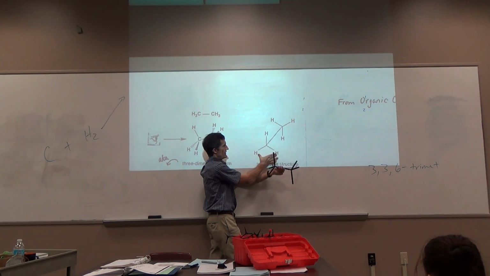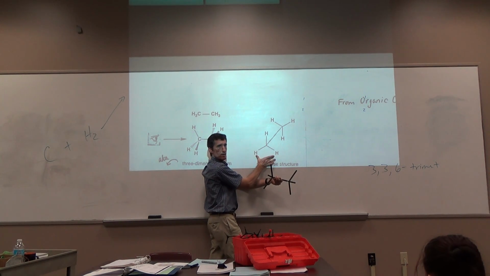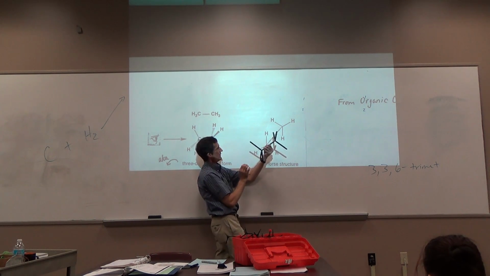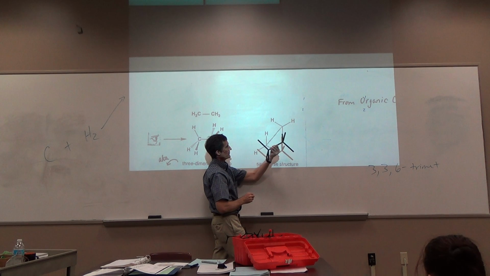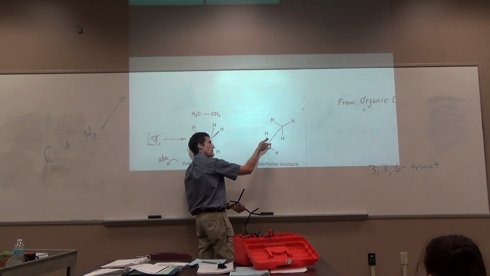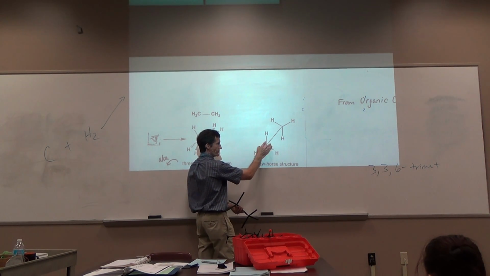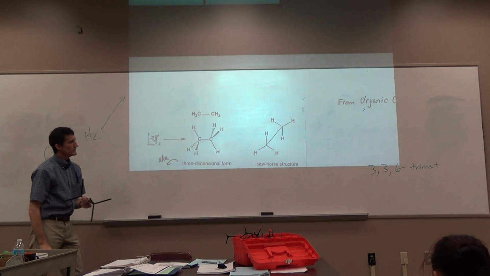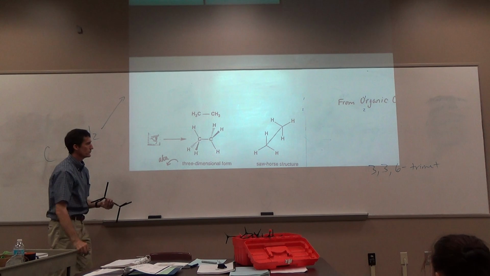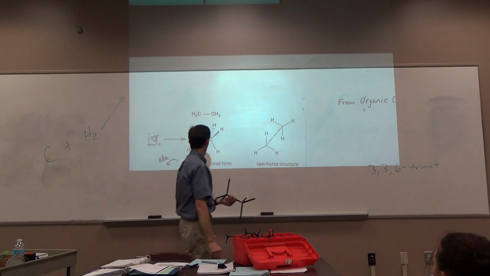If that one's up, these two are actually out of the plane forward and back. But the sawhorse doesn't really show that. That's another way. So you have to know that there's truly tetrahedral nature here. That's called a sawhorse structure. When you see those, you should take a minute and kind of work with it a little bit, see what they're saying in the book.